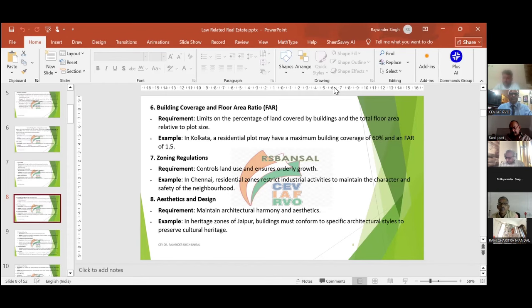Whenever you have to do valuation, you have to check in which zone your property falls. If it is in a residential zone of the city and the property is of commercial type, which is not permissible as per bylaws, you cannot have a commercial property in a residential zone. So you have to check whether it fulfills the zoning requirement or not.